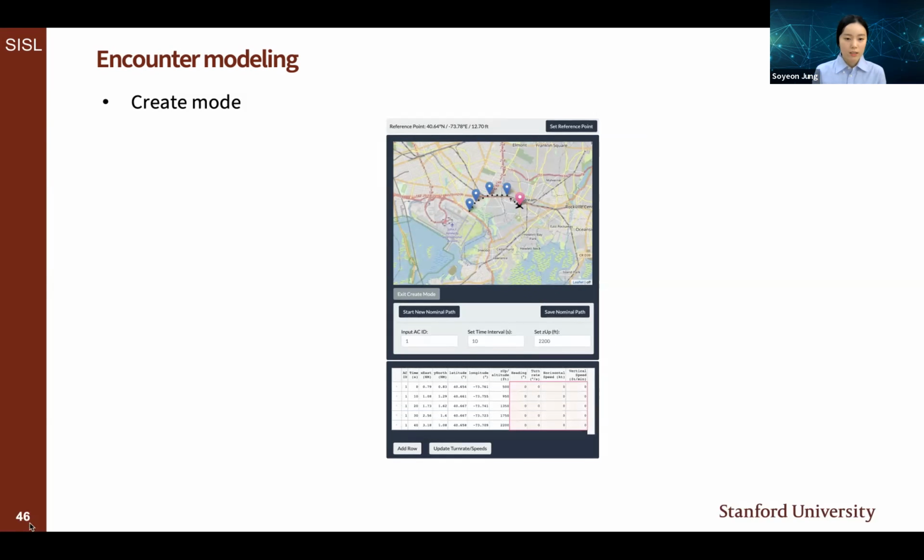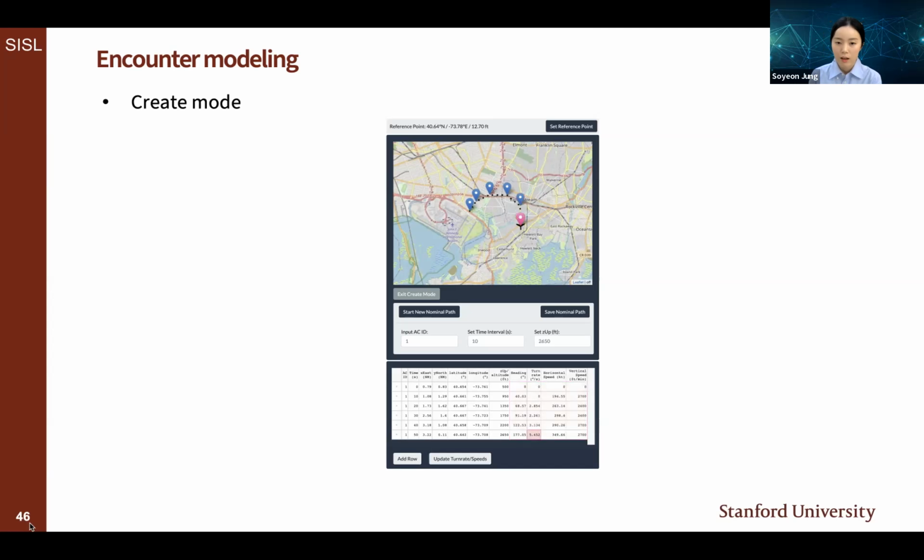During the process, we can always update the heading, turn rate, and speeds in the table by clicking the update turn rate or speeds button. We can verify whether the values are reasonable, and if they're not, we can change the coordinates to fix this by dragging the tooltips in the map or by making direct changes to the table.